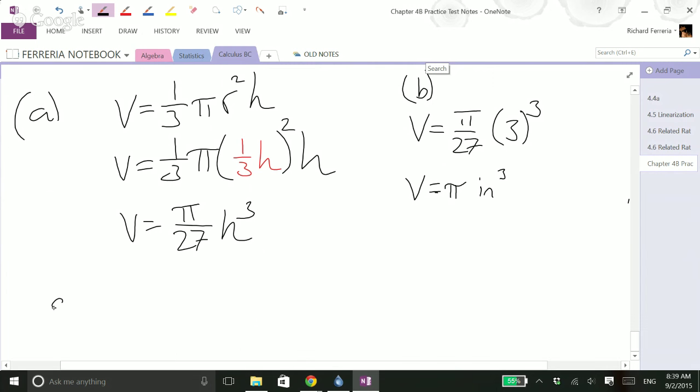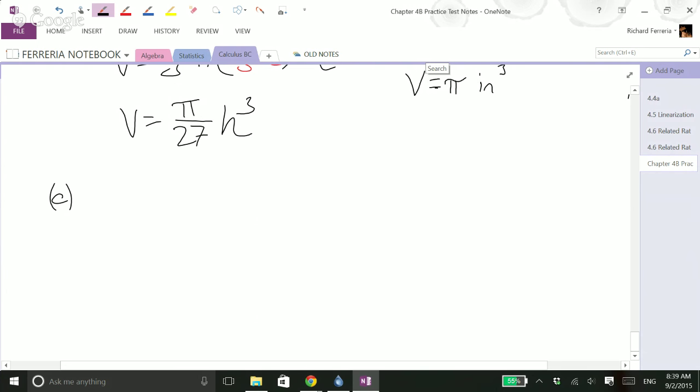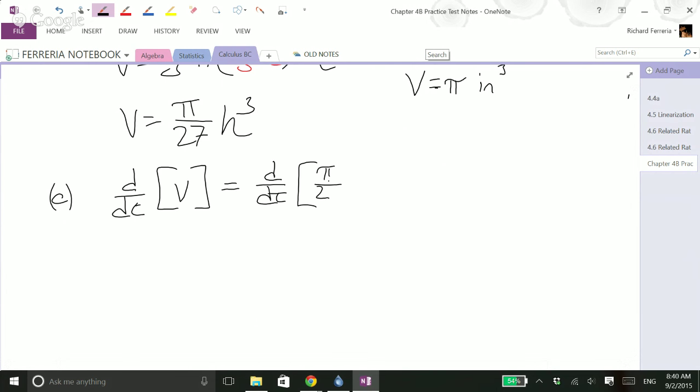C. Give an equation for dV/dt, the rate of change of the volume of the liquid. So d/dt of the volume equals d/dt of pi over 27 h cubed.